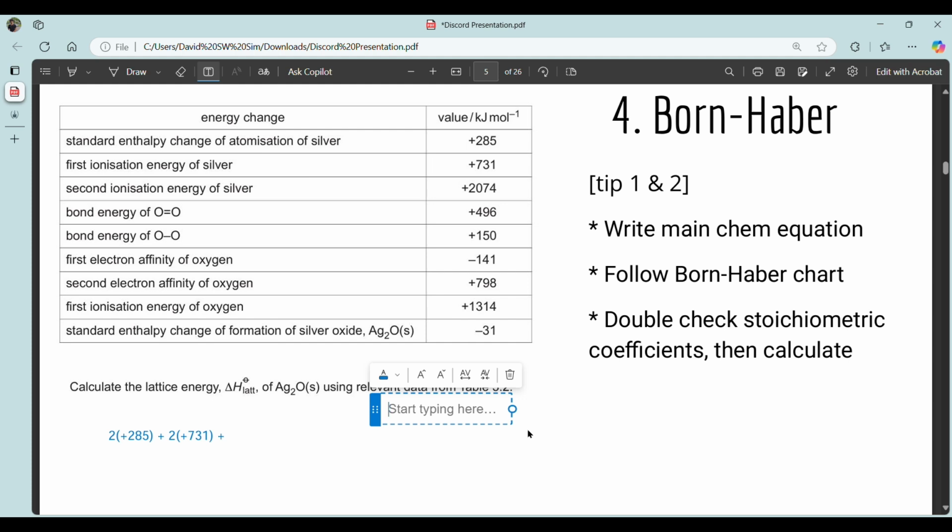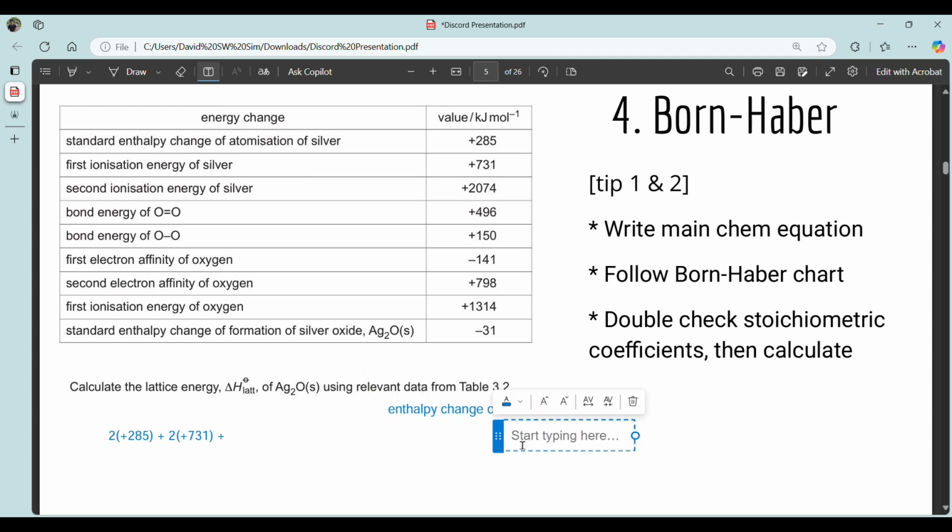Sometimes in the table here, they'll give you something like the enthalpy change of atomization of, let's say, bromine. And then other times they'll just give you the bond energy, like in this case you get O2, O=O.